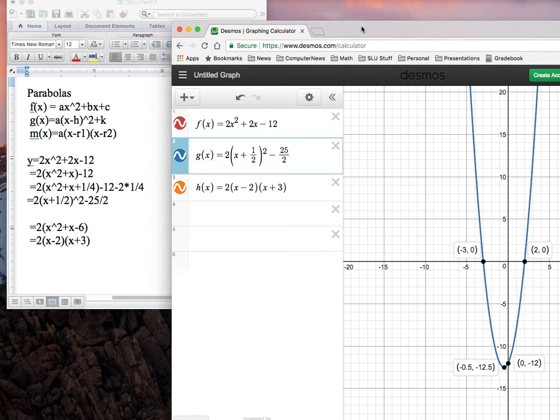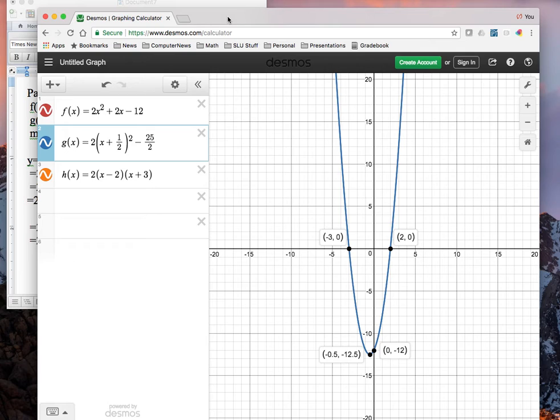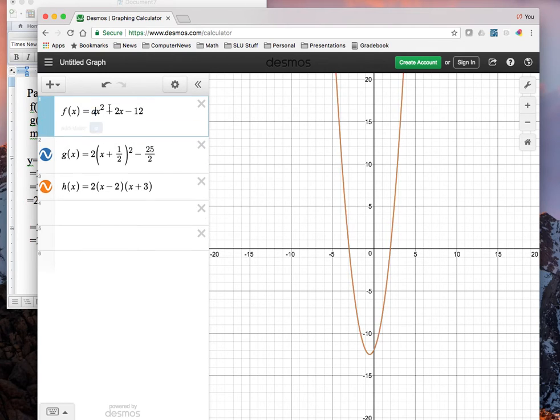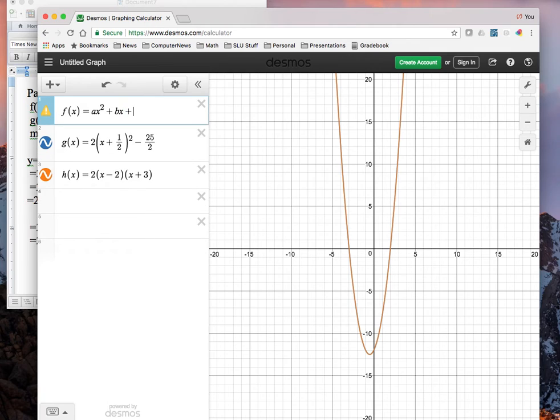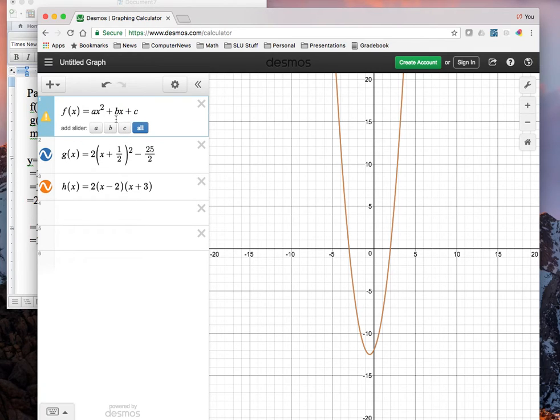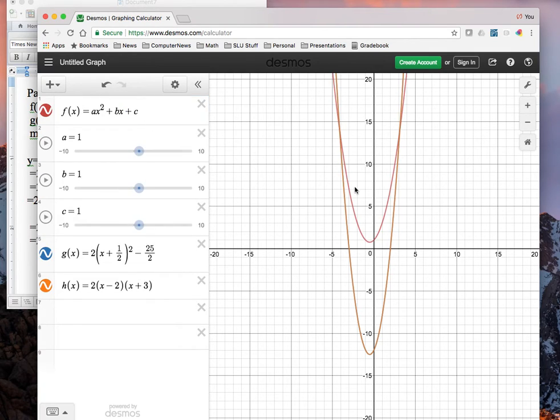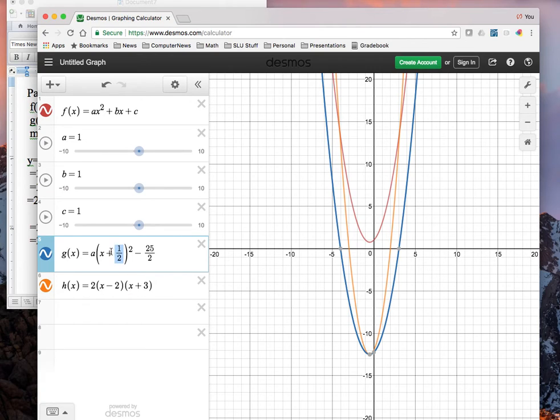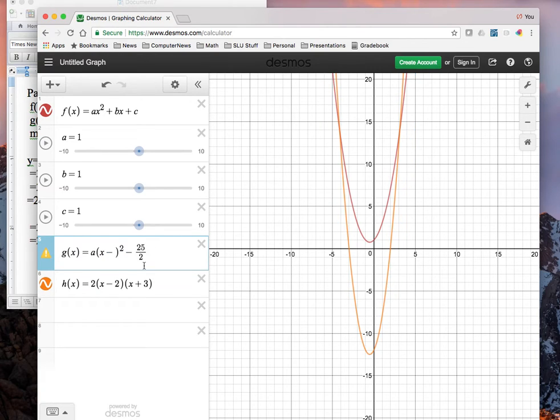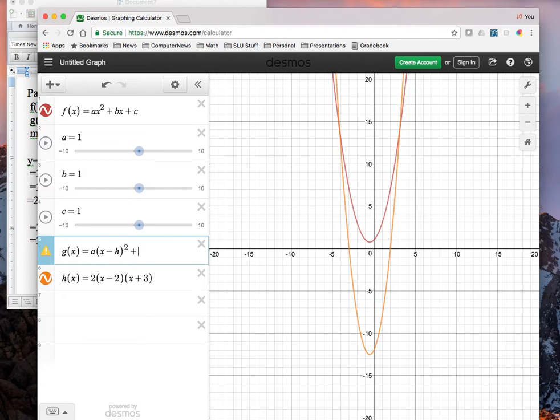A further use of Desmos that we want to look at is, I've done this in general, but I'd like to be able to do it for a more generic case. So I'm going to create sliders and have a parabola there. And this should be a, minus h, plus k.